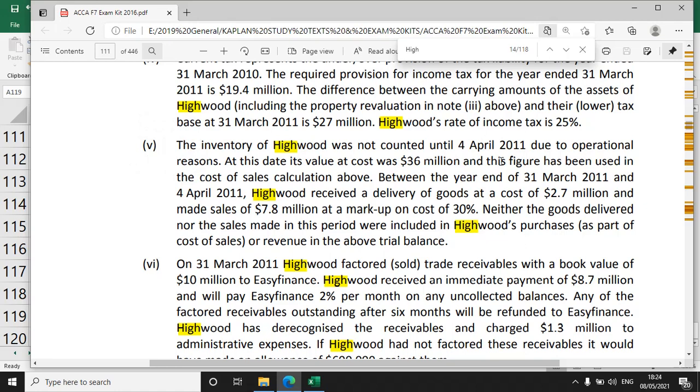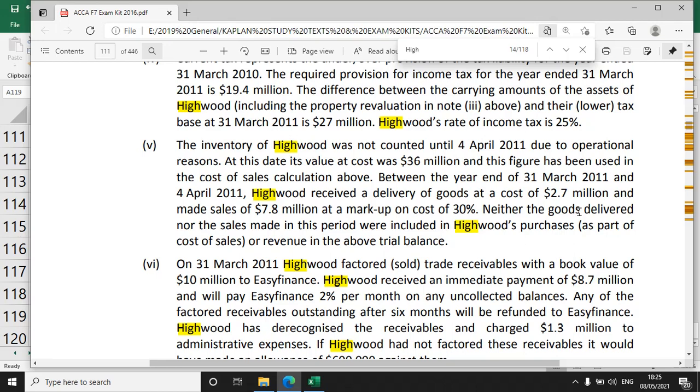At this date, its valued cost was 36 million, and this figure has been used in the cost of sales calculation above. Between the year end of 31st March 2011 and that, Highwood received delivery of goods at a cost of 2.5, and made sales of 2.7. Okay, the markup of that much.